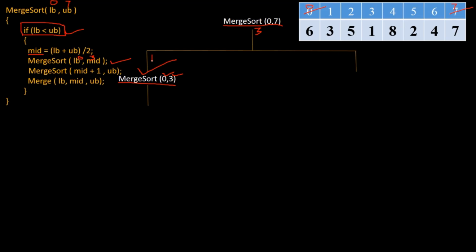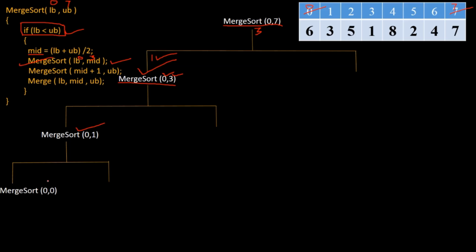So what do we do? We calculate the mid value and we again call the left merge sort for this. So one more function call is there. For this the value will be 0 comma mid. What is the new value of mid? New value of mid is 1. So merge sort 0 comma 1 will be called. Then again this will call the left function, which is 0 comma 0.